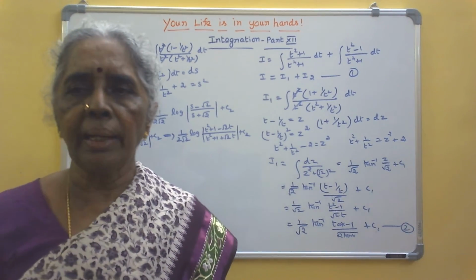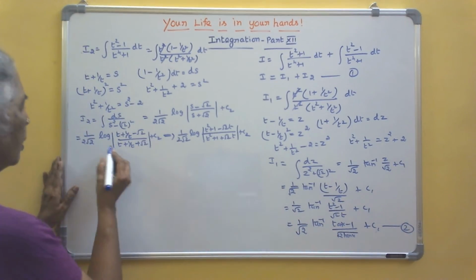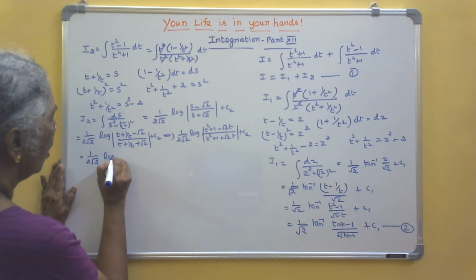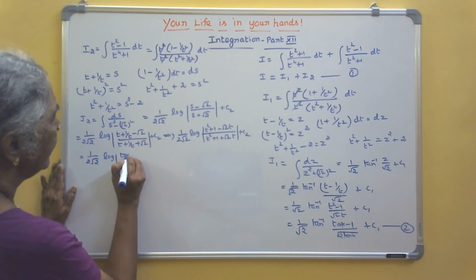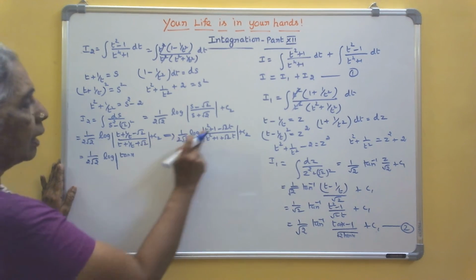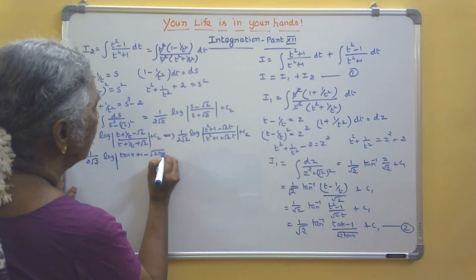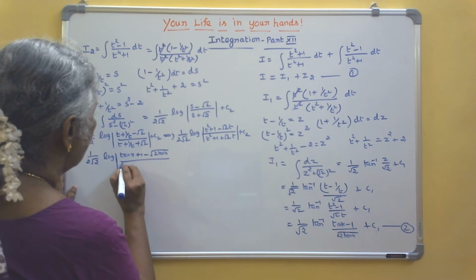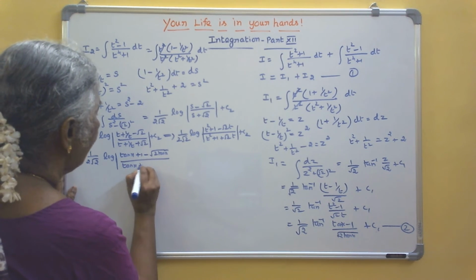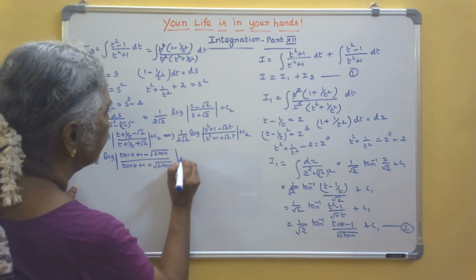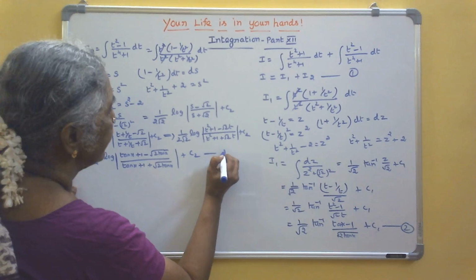So, now you will get 1 by 2 root 2 log mod tan x plus 1 minus root 2 tan x by tan x plus 1 plus root 2 tan x plus c2, this is 3.